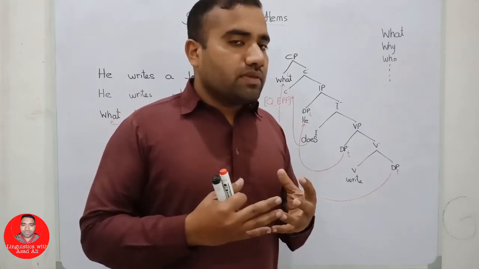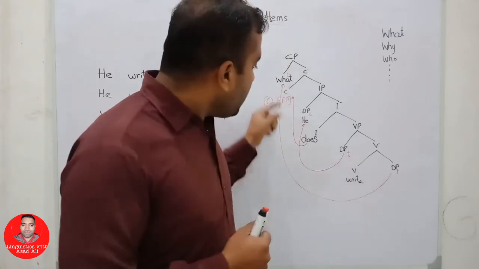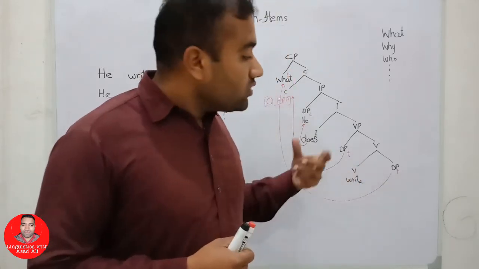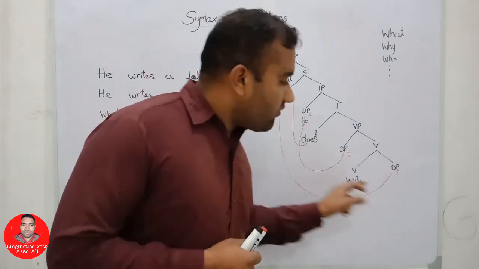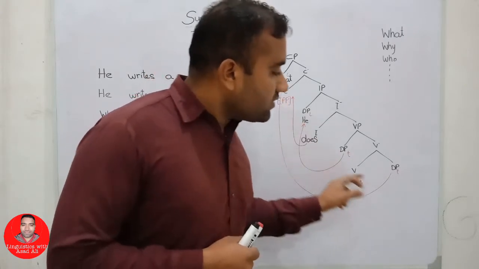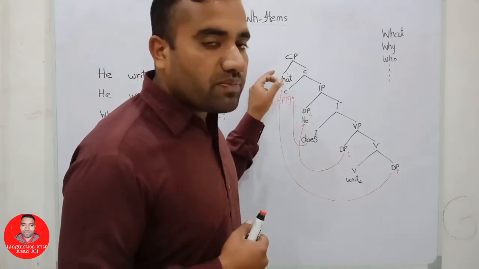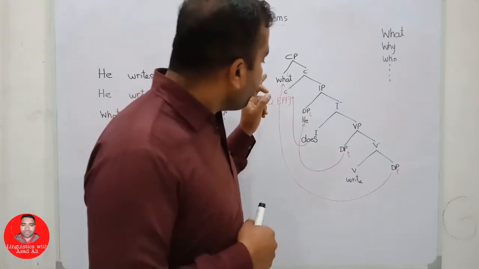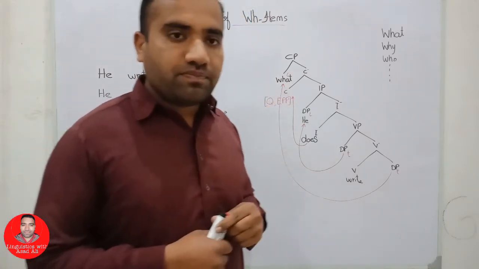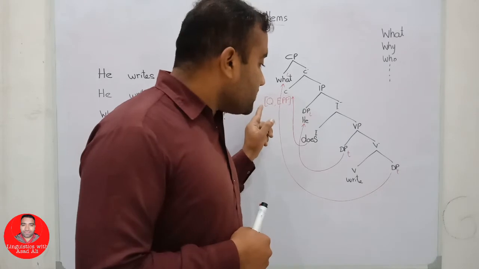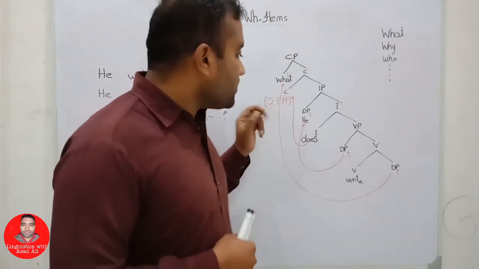The Q feature checks all the lower domain and searches if some strong word, some questionable word, C finds, and C triggers this Q word and takes this Q word at its specifier position. Because this is the requirement of C. C has the Q feature, because C must check the Q word within the whole derivation. This is the Q feature.